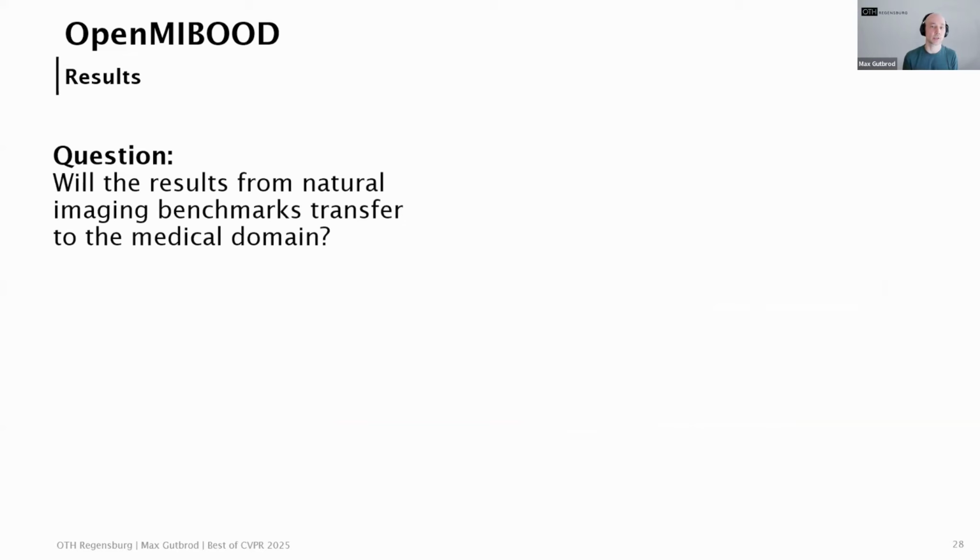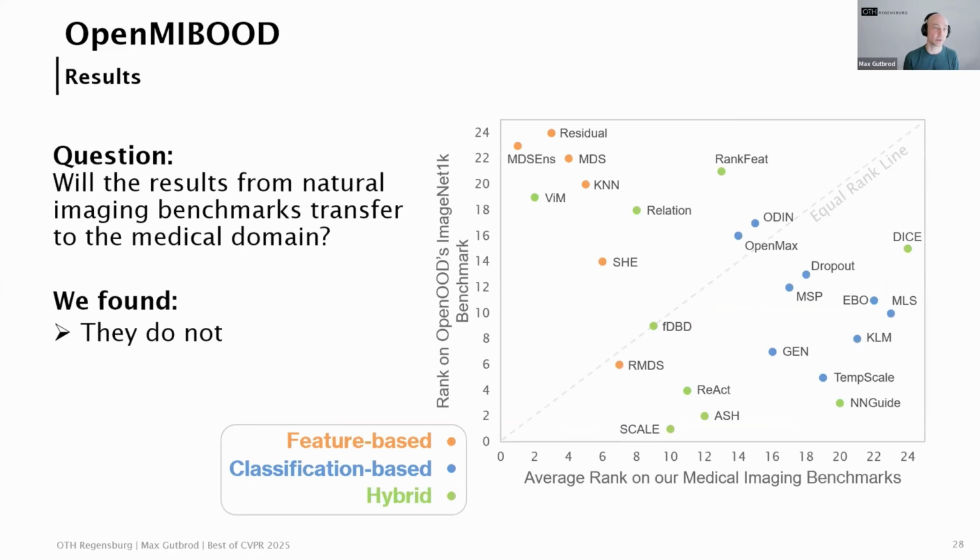So we give the answer to the question of whether the performance from natural imaging benchmarks transfers to the medical domain in this single scatter plot. It does not transfer. The scatter plot shows the ranking on each of the benchmarks. The x-axis shows the average rank on our 3 medical imaging benchmarks, while the y-axis shows the ranking for the natural images benchmark.